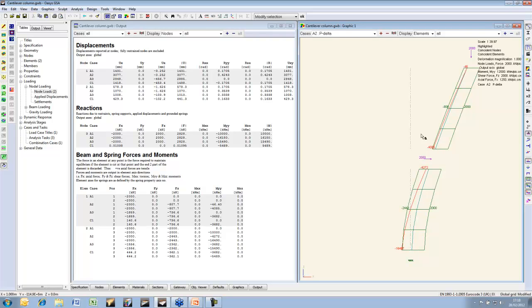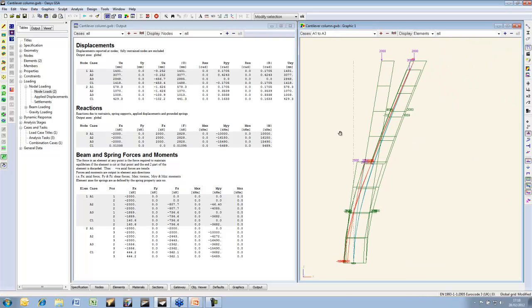The axial load is remaining constant, and note the deflection at the top, there's very little vertical movement on the P delta. We go on to the non-linear, we're actually getting a rotation of the structure, though the moments and so on are similar to the P delta. If I show all three, A1 to A3, on the one diagram, we can see that the rotations of the structure are similar between the P delta and the non-linear, but the displacement at the top is quite different.